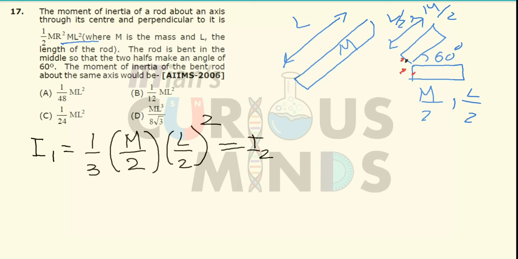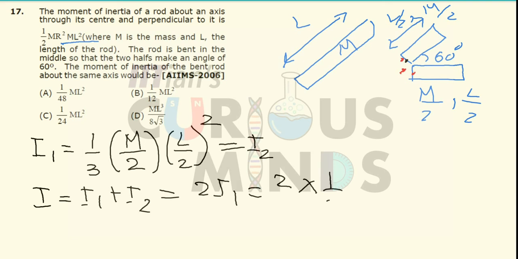Along both the rods it will remain the same. So the total moment of inertia will be I1 plus I2, which is 2 times I1, that is 1 by 3 times M by 2 into L square divided by 4. So over here the 2 and 2 will get cancelled out.